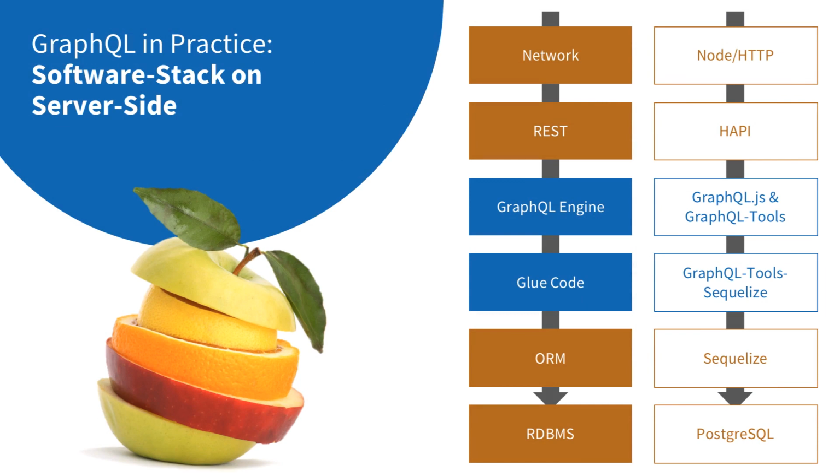If you do this in practice, it becomes more involved, obviously. So the GraphQL engine is in the middle of our server-side software stack. There is network connectivity through Node and HTTP. There's this REST with Hapi. There is the GraphQL engine, a little bit of glue code usually in practice.